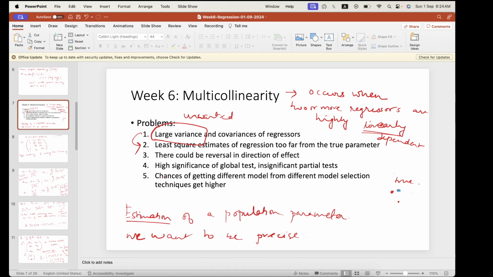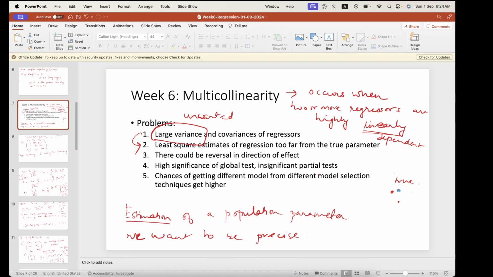There could also be a situation where the global test is highly significant, but the partial tests are insignificant.